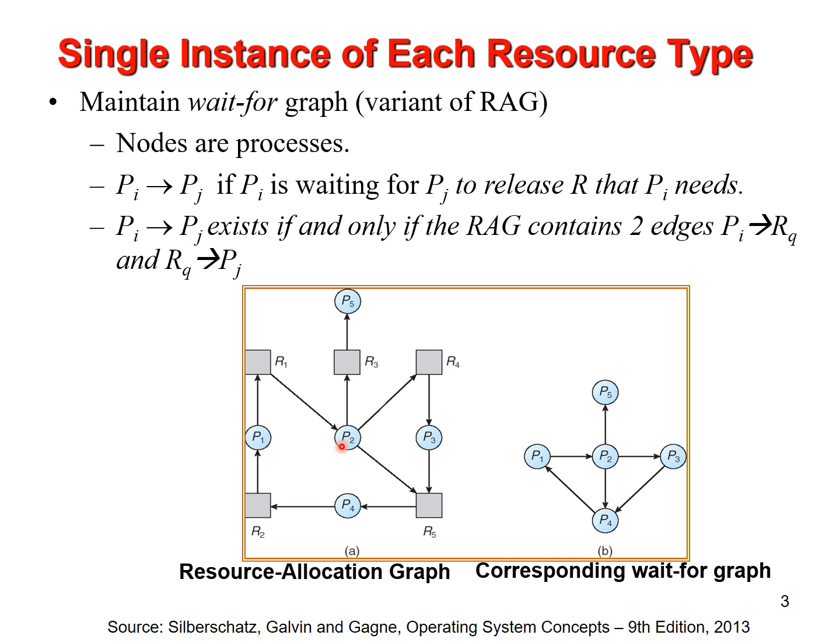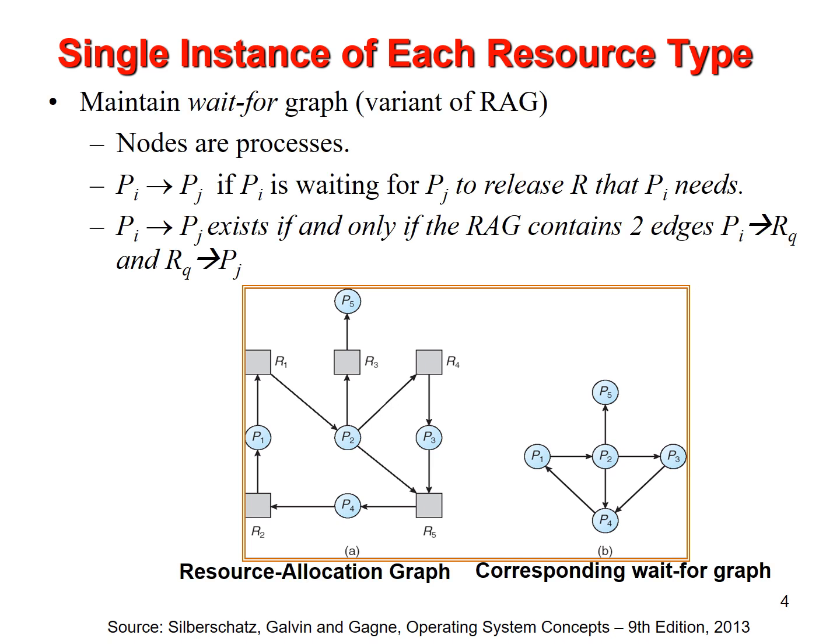Likewise, P2 is in need of R4, but R4 is assigned to process P3. So from P2 you can draw an edge to P3. Likewise, when we convert the resource allocation graph, we get the corresponding wait-for graph.